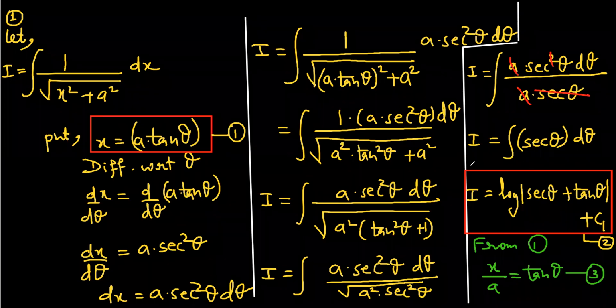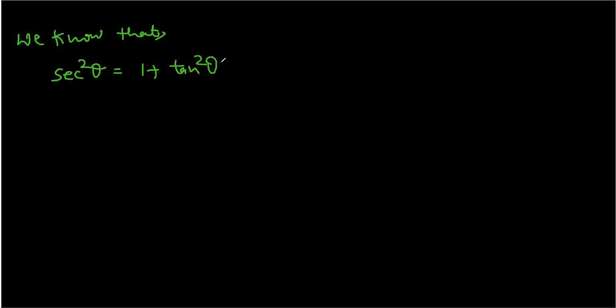So for sec theta, how do I calculate? I will use the formula. We know that sec square theta is equal to 1 plus tan square theta. So sec theta is the square root of 1 plus tan square theta.